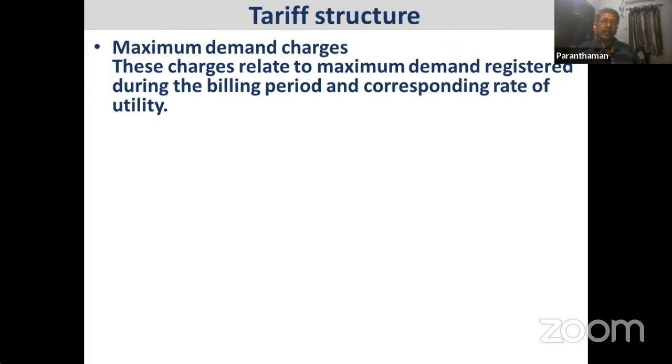Importantly, the maximum demand charges. The maximum demand charges is based on the maximum demand registered during the billing period. Billing period means maybe 1 month or 2 months according to that particular discom. Why is this maximum demand charge so important? Because as we already discussed, the maximum demand is the culprit which raises the peak demand.